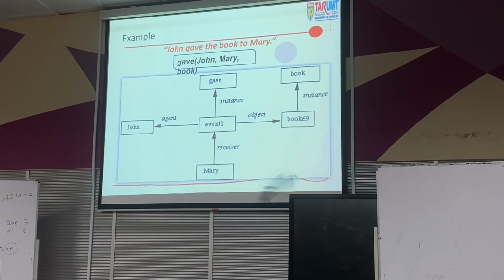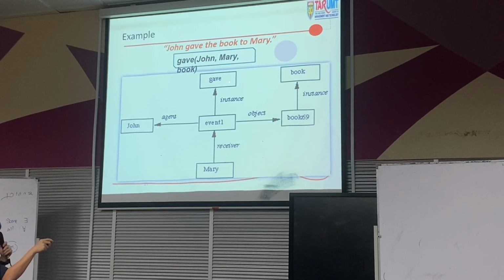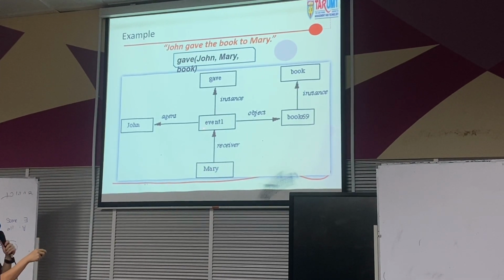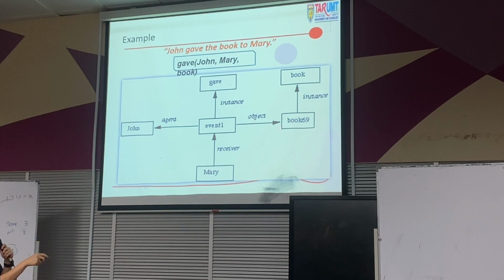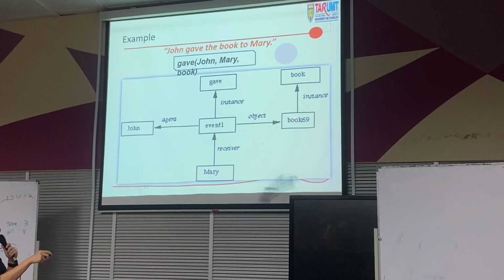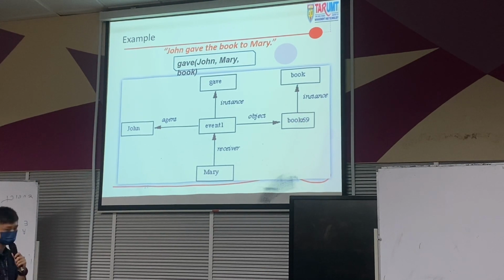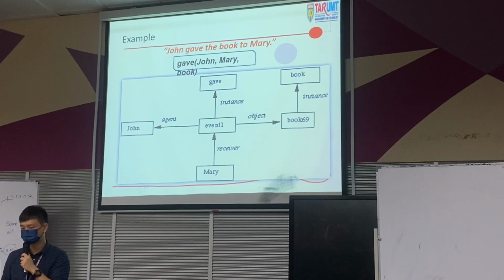This event is actually one of the examples of give. In this event, who is the agent? John. Who is the receiver? Mary. Right, Mary is the receiver. And what is the object here? Book. So you can just write the name of the book, and then book 69 is one of the examples of the book.